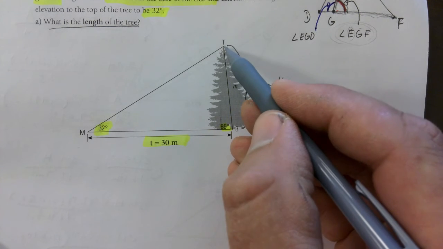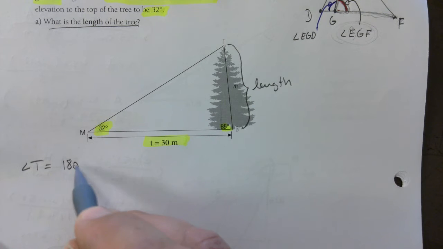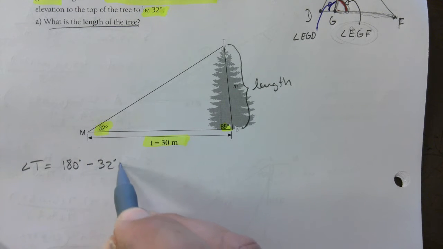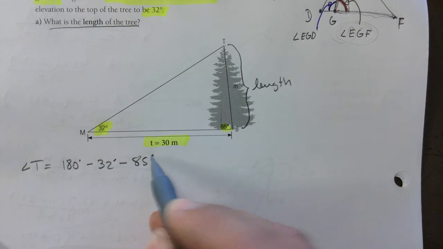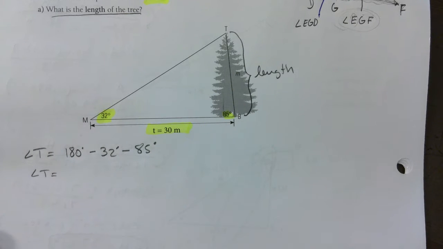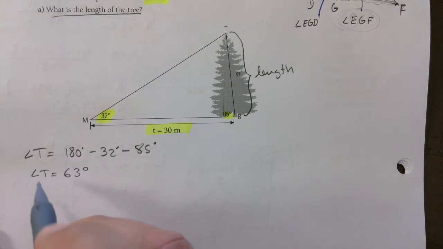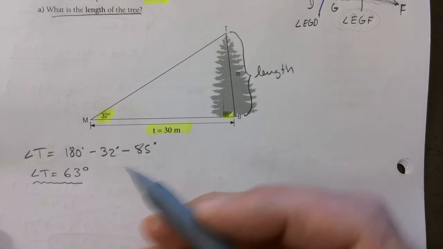Okay? Do I have a pair? Not at first, but I can find it, right? Angle T is 180 minus 32 minus 85. Make sure you write this down. Okay, 180 minus 32 minus 85, and you get 63 degrees for that angle, which is important to us.